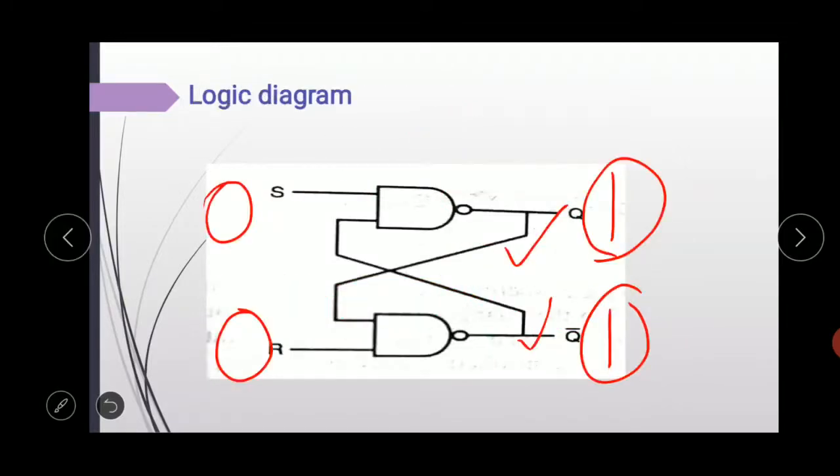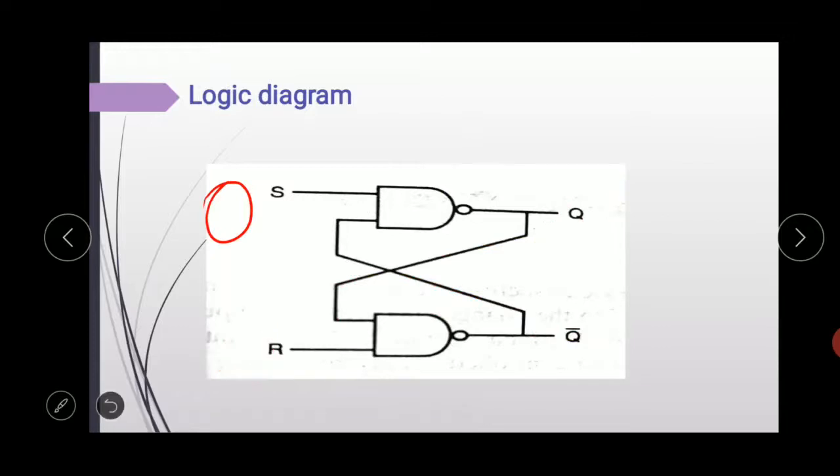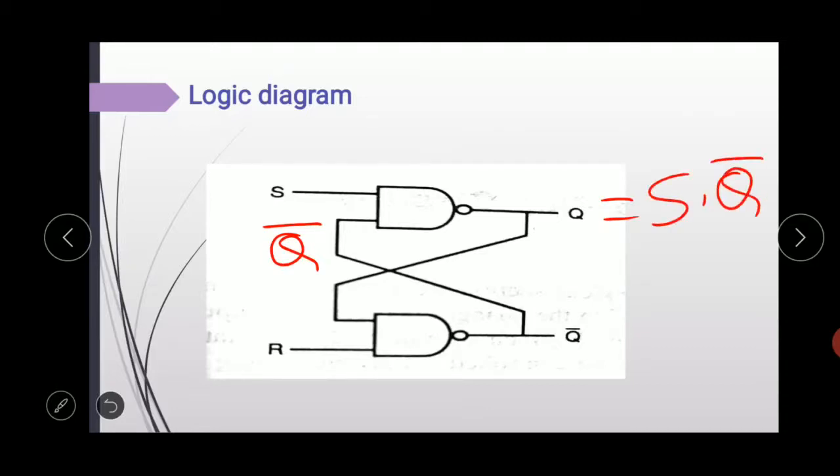Then we find the output equations, because by using those equations we draw the SR latch using CMOS logic. Here one input is S and the other input is Q bar, so Q equals S into Q bar, whole complement.